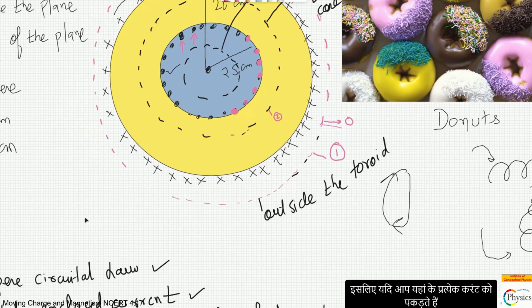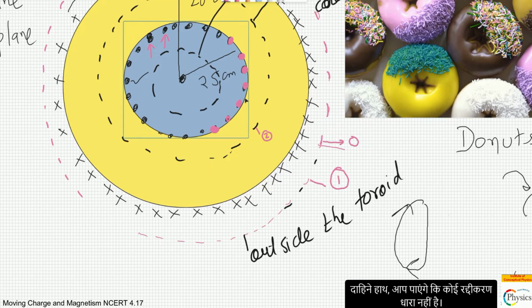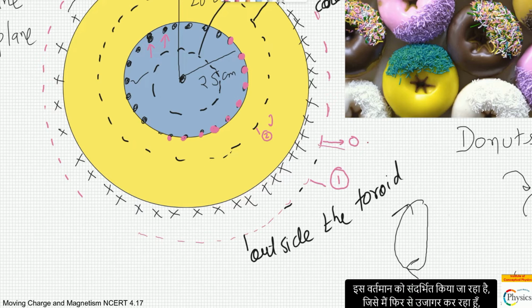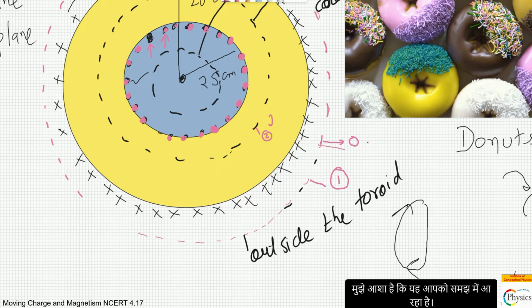If you hold each of the currents here with the right hand, you will find that there is no cancelling current. In the case of outside, the inside and outside currents were cancelling. But in situation number 2, the current is only this current being referred to, which is coming outside the plane of the paper. I hope this is making sense to you.